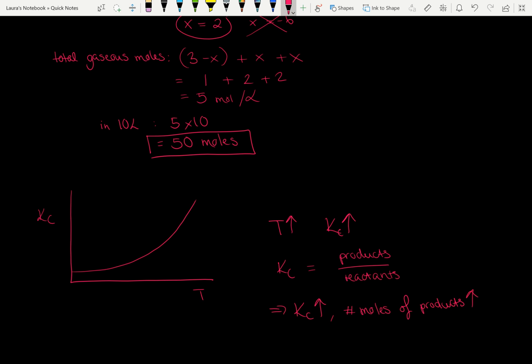So if Kc is increasing, the moles of products are increasing, which means the forward reaction is being favored.